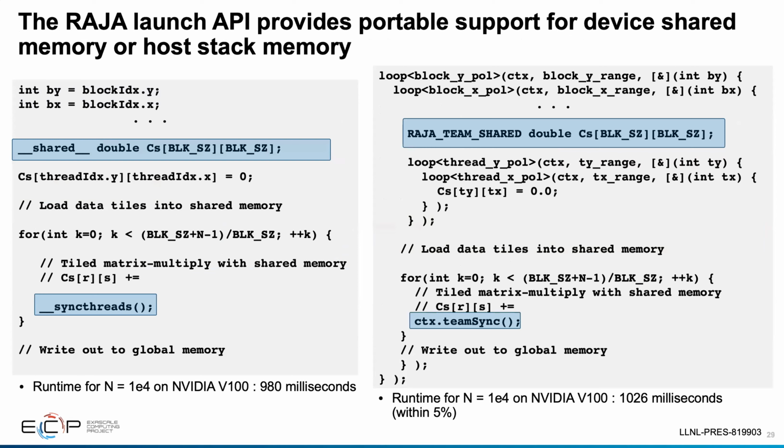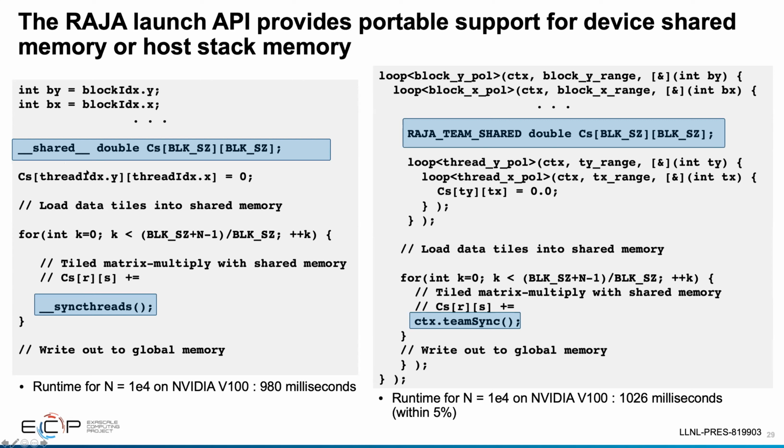Okay, so this is a more intricate example where we're using shared memory and we're loading data into shared memory to do the matrix-matrix multiplication. It is a busier slide, but what I really want to point out is that I think the features such as shared memory and thread synchronization also exist in this RAJA launch API.